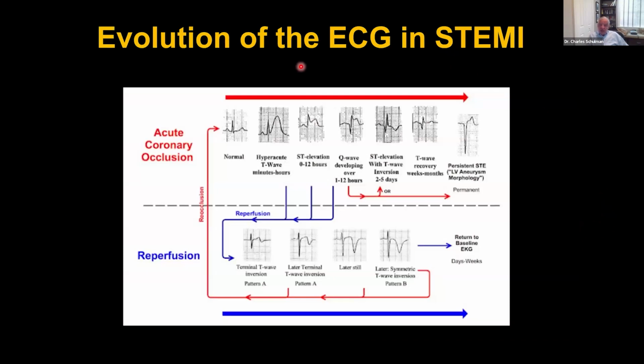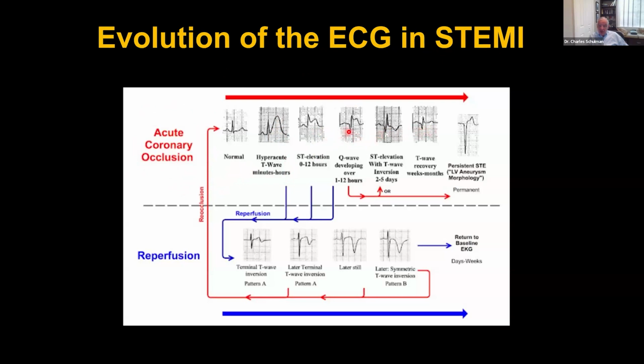So the evolution of the ECG in patients who have had STEMI has evolved. What we used to see is that following acute coronary occlusion, this is the normal, this is the hyperacute T wave. Then the ST segment elevates, the Q waves develop in those leads, the ST segments come back down and T waves invert, and the T waves may recover.